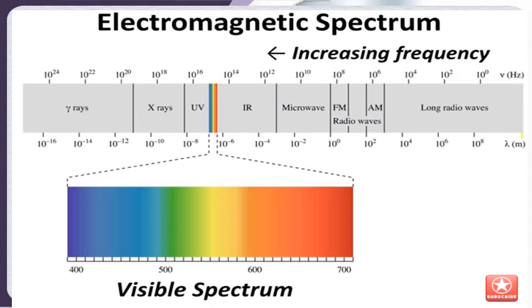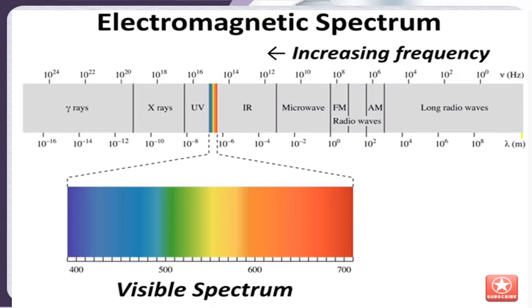Before this visible region, there are gamma rays, X-rays, ultraviolet rays. As we are moving from left to right in this spectrum, the frequency of the radiation decreases while the wavelength increases, right?